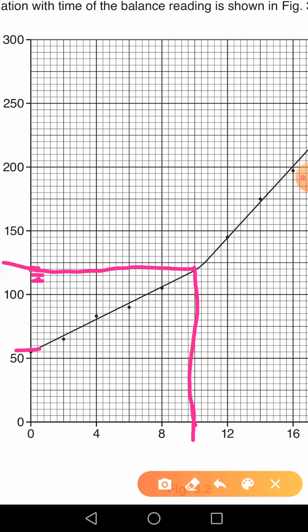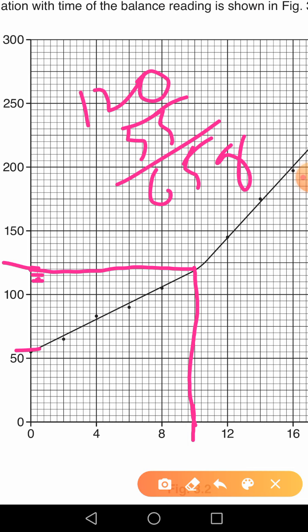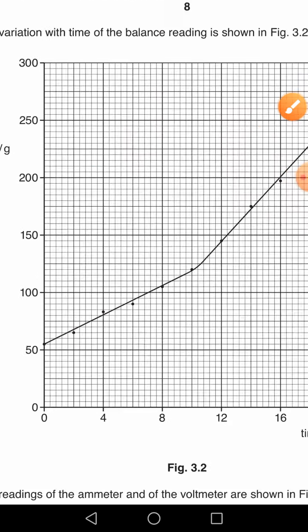So from 55 to 120, so 65 gram. Okay, so the initial beaker reading was 55 gram, the final beaker reading was 120 grams. So the change in mass of the beaker was 65 gram. That means we have got 65 gram of water melted in the 10 minutes.